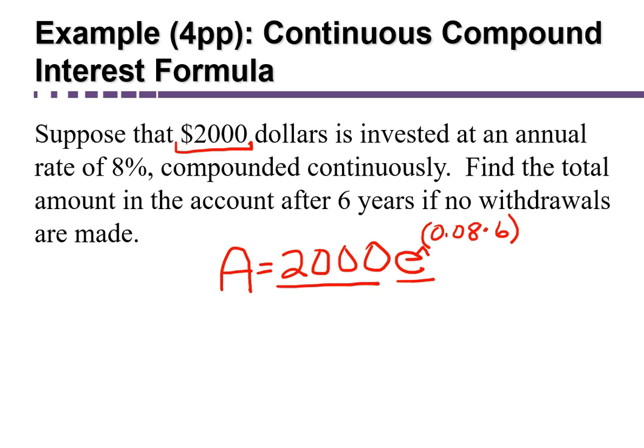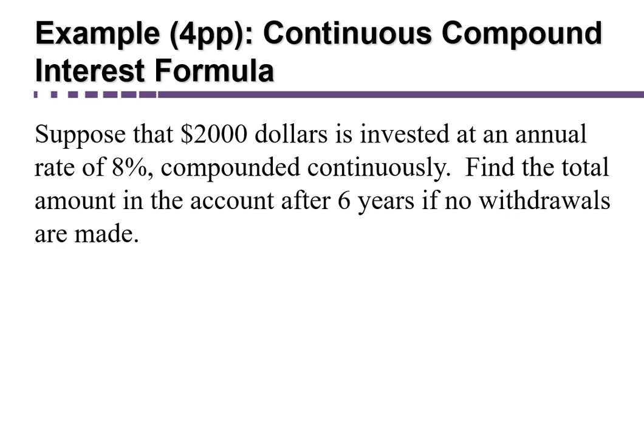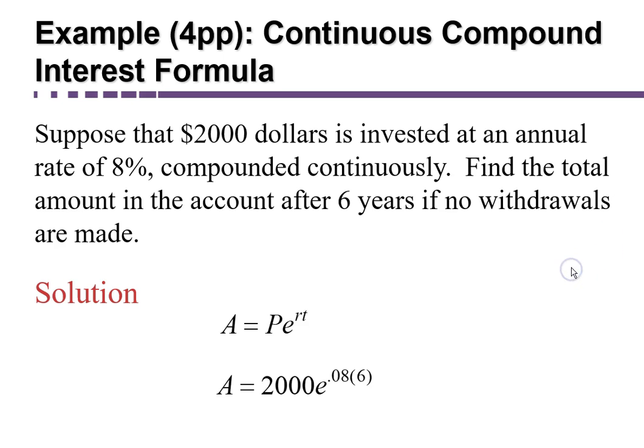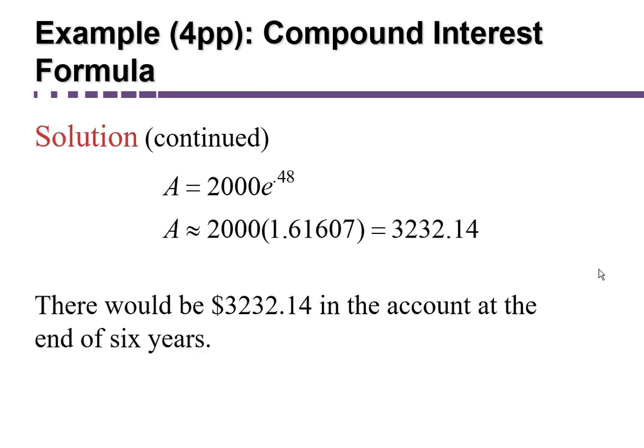And again, you're trying this out to see if your calculator is working and doing what it's supposed to be doing. And there we have it. And then there's the answer. Now you'll notice this is a little bit more than we had in the previous slide. Why? Because you're compounding it continuously.